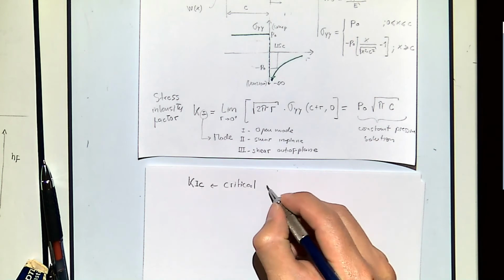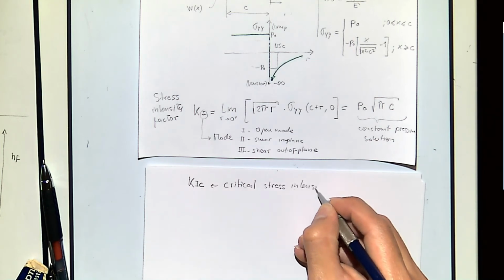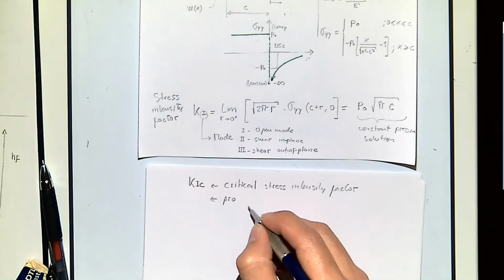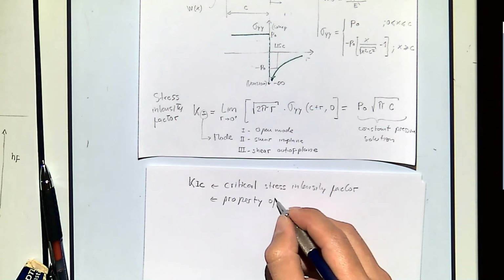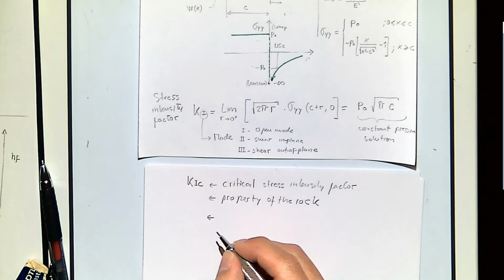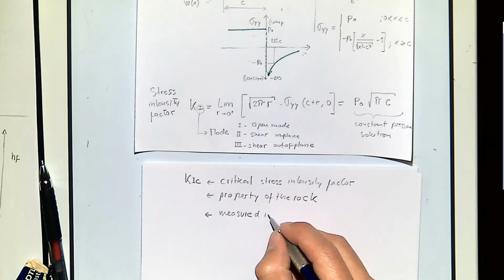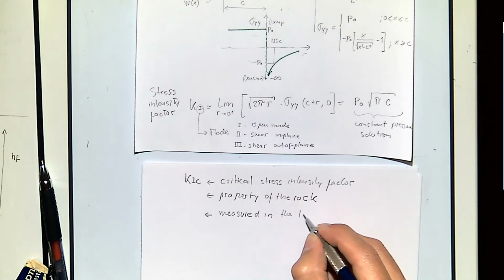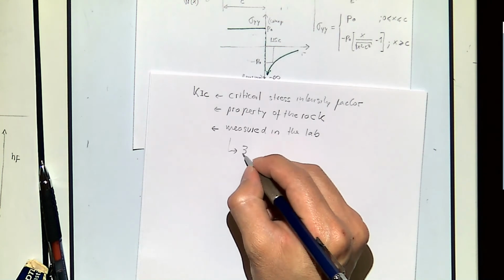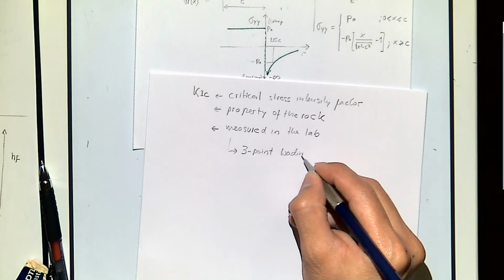So critical stress intensity factor is a property of the rock, and it can be measured in the laboratory with, for example, the 3-point loading method.